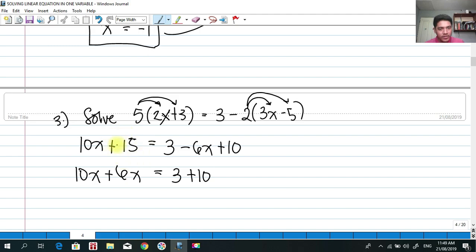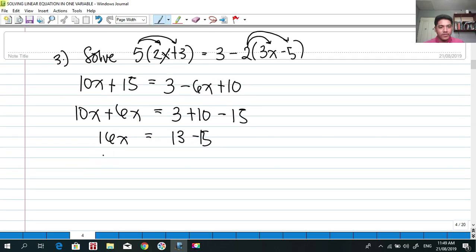We're going to transpose this constant to the other side, minus 15. So that we have 10x plus 6x is 16x. And that is 13 minus 15. So 13 minus 15 is actually what? Negative 2.